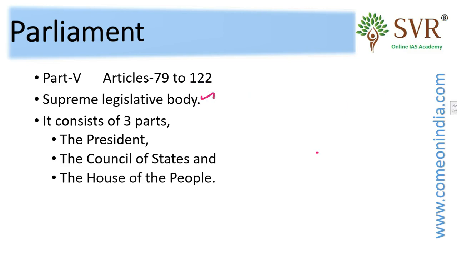Since India has adopted a parliamentary form of government, this Parliament takes a central position in the Indian democratic system. The Parliament of India is the integration of the President, the Council of States, and the House of the People. Or in short, we say the Parliament consists of the President, Rajya Sabha, and Lok Sabha.